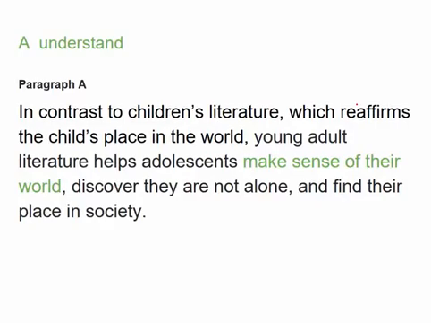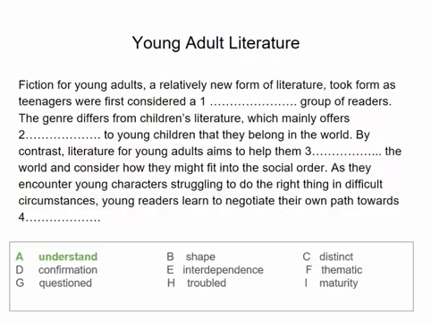Okay, so this part in green down here, if taken from the passage, is a direct paraphrase of the idea understand. Okay, remember that what we were looking for, we guessed, was a verb in this place. You may have been tempted by answer choice B here, to shape their world. There's another verb, but it doesn't say literature does not help young adults shape the world.